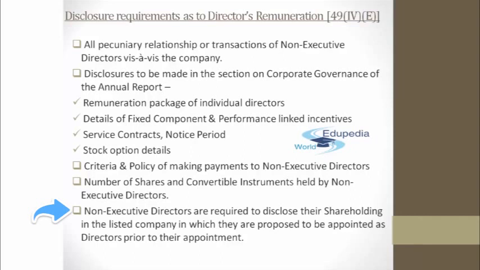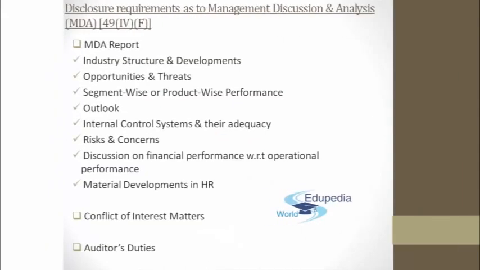Apart from this, you need to disclose the criteria and the policy for making the payments to non-executive directors. Along with that, the number of shares and convertible instruments held by non-executive directors, and non-executive directors are required to disclose their shareholding in the listed company in which they are proposed to be appointed as directors prior to appointment. I hope you guys got the complete clarity with respect to the same.